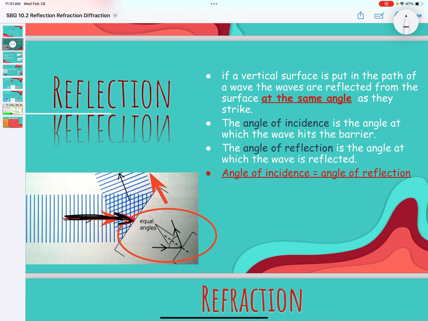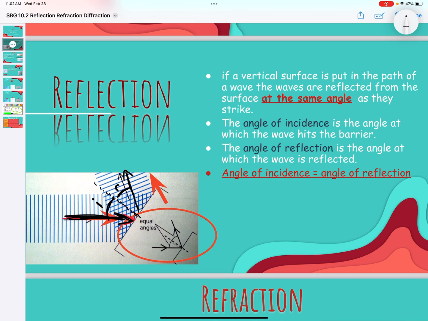Now what's going to happen is that if I was to measure the angle, and I'm going to draw a little line that shows kind of the middle of things, if I was to measure this angle right here, and I'm going to refer to this as my angle of incidence, or I, this wave is going to bounce off at the exact same angle that it hit the wall at. And I'm going to refer to this one as my angle of reflection. That's going to be R.